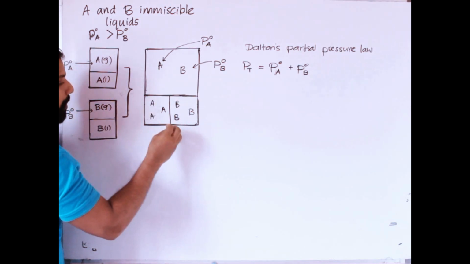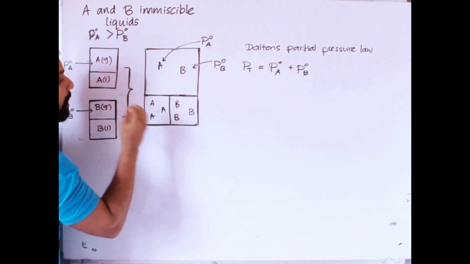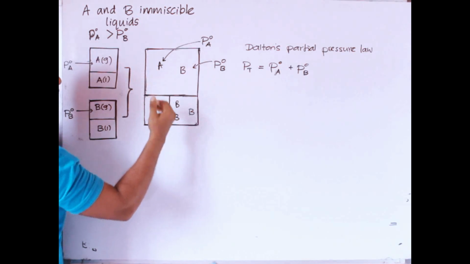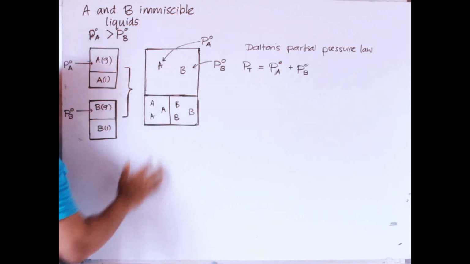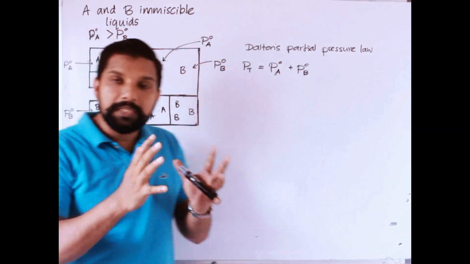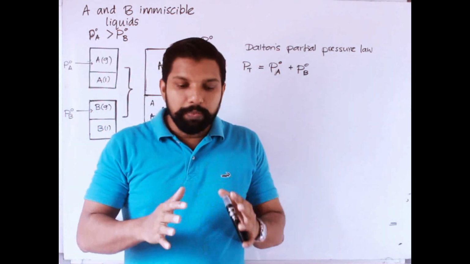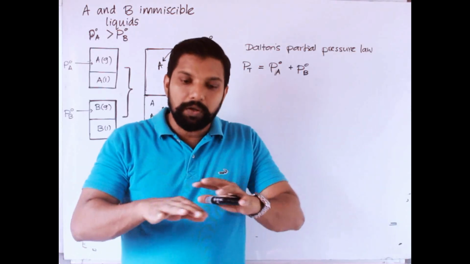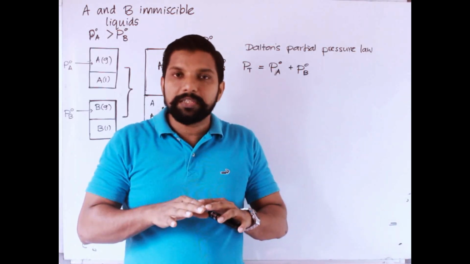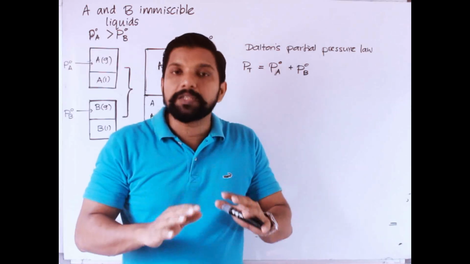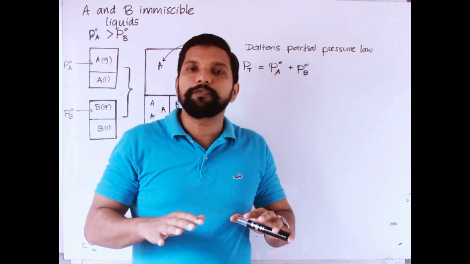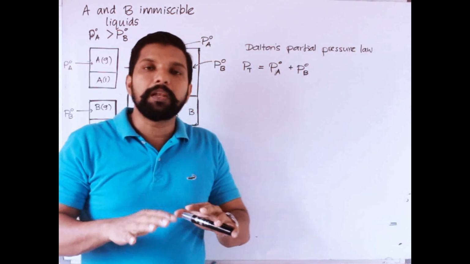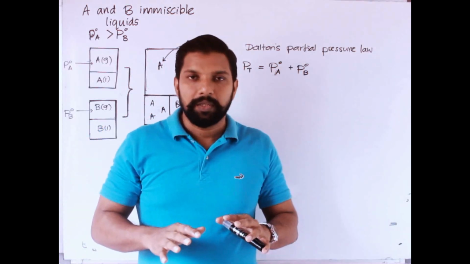So both the liquids still have the same ability to evaporate, and there is no vapor pressure depression for each component. But in the miscible ones, due to the presence of both particles on a given unit area of the surface, they have less chance to evaporate, not because of intermolecular attractions, but because of the number of particles available in a unit area.